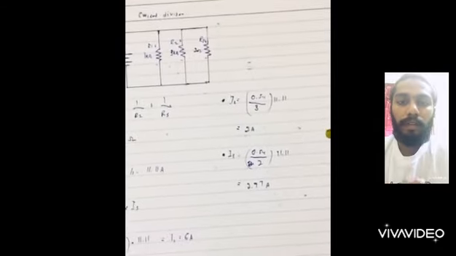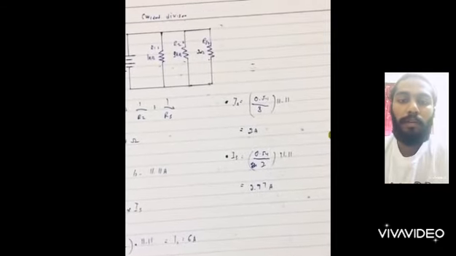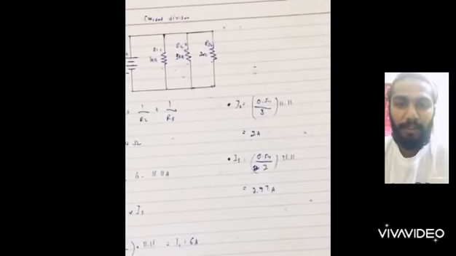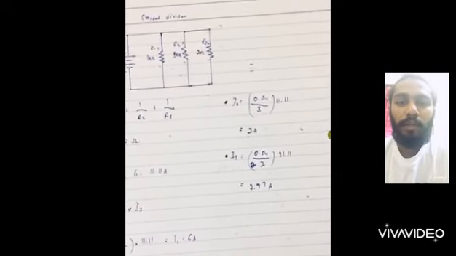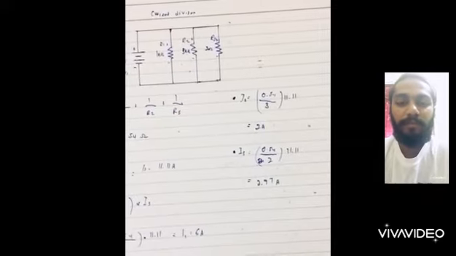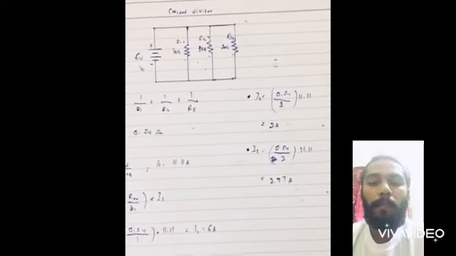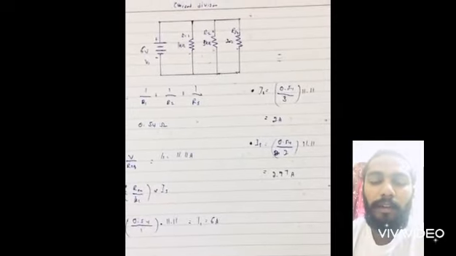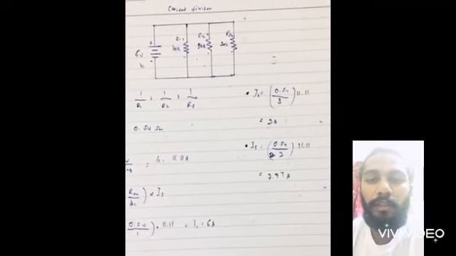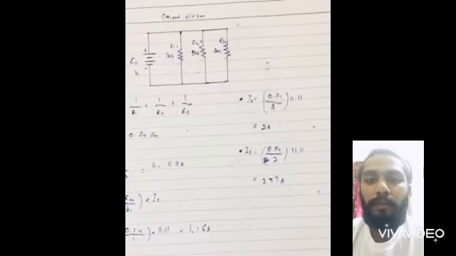The other is R3. So 0.54 over 2 times 11.11. So I3 is 2.97. We can also prove it: 6 plus 2.7 plus 2 gives 11.11.